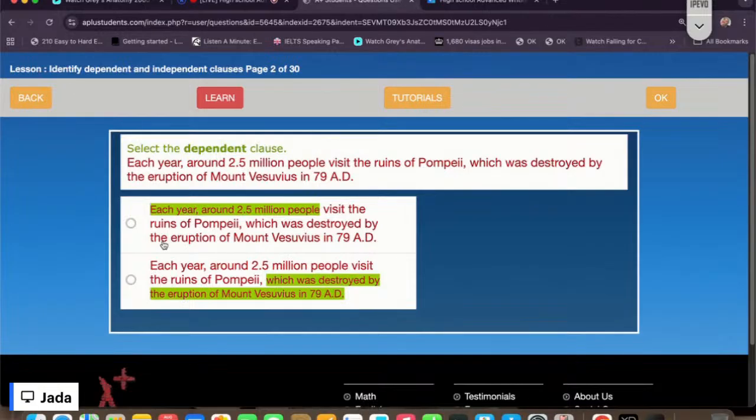Okay, so now we have what? Each year, around 2.5 million people visit the ruins of Pompeii, which was destroyed by the eruption of Mount Vesuvius in 79 AD.